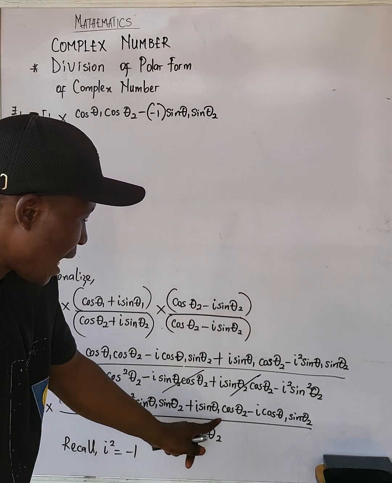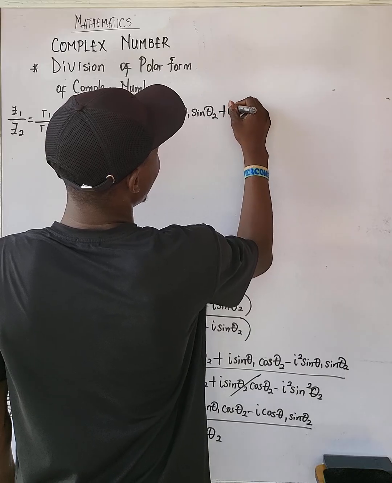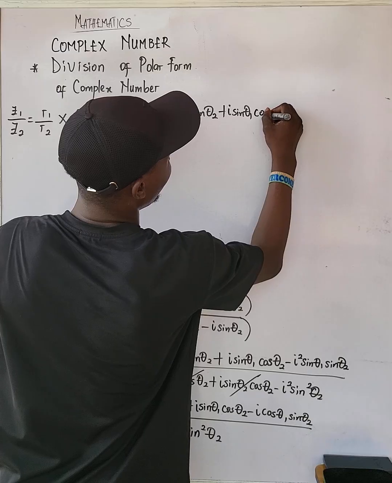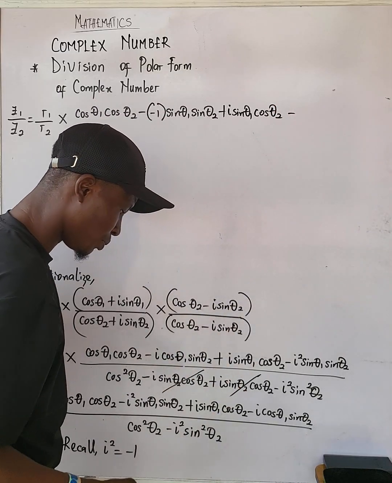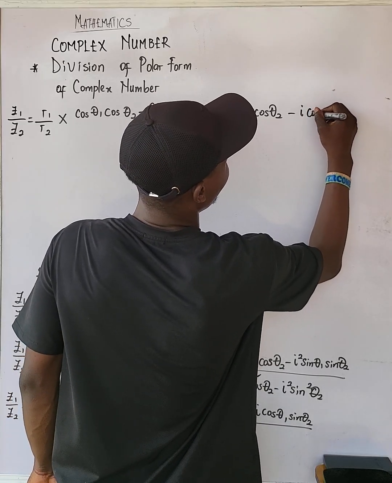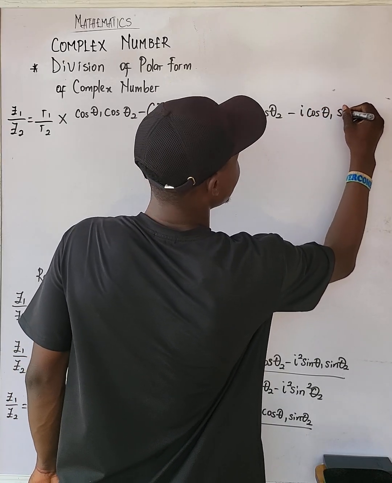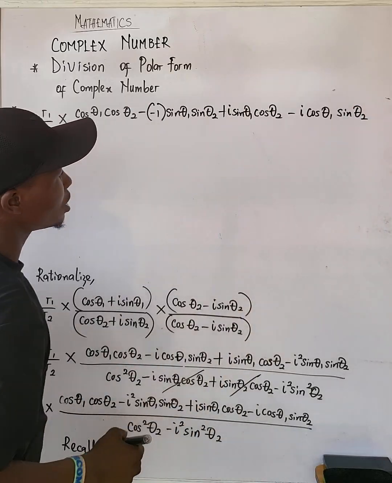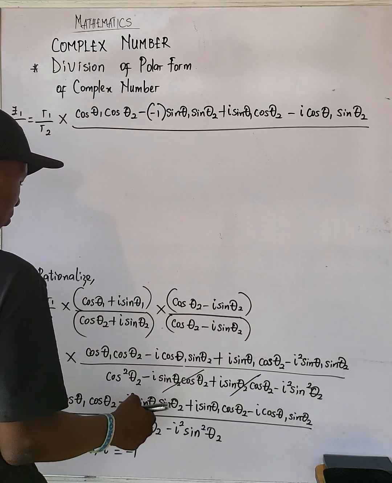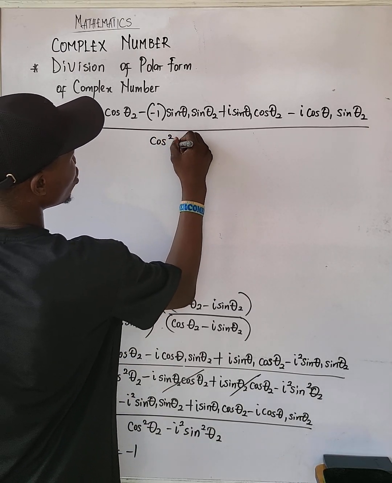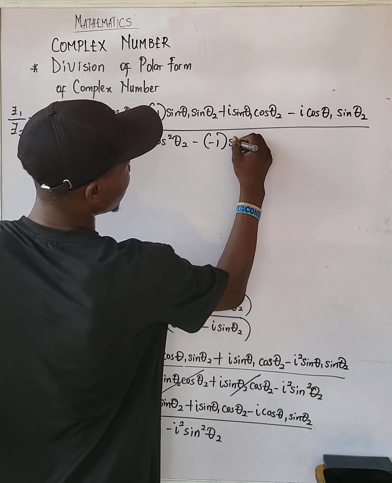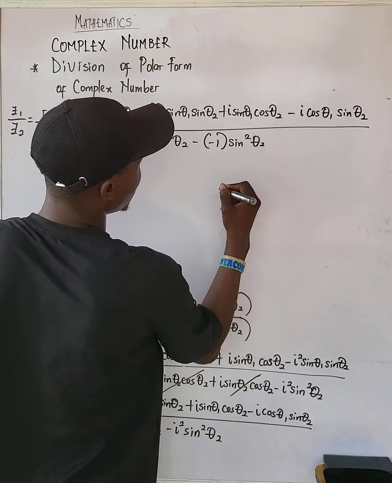Plus i sin theta 1 cos theta 2, right? Then we have minus i cos theta 1 sin theta 2. Now everything over cos square theta 2 minus, then this i square is minus 1, minus 1 sin square theta 2.